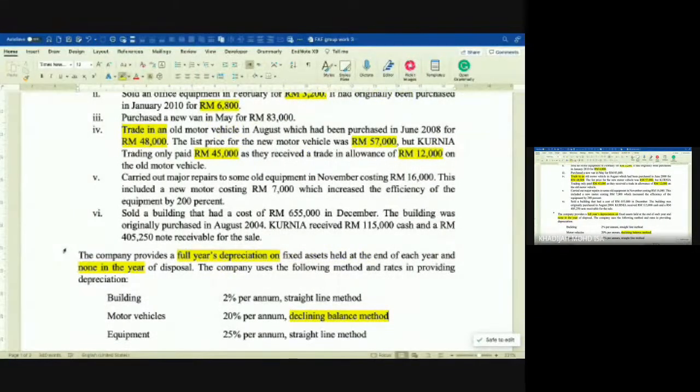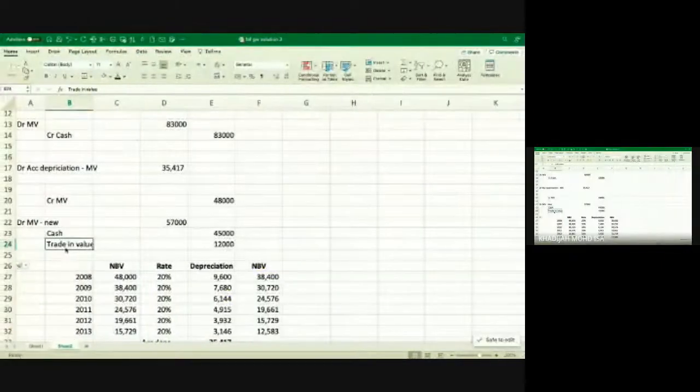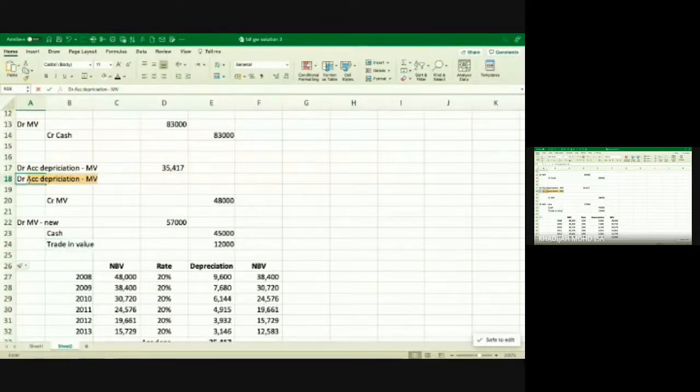Trade-in allowance 12,000. Okay, I would put it like this. I would put trade-in debit 12,000 here. I put trade-in value here. Right, then only I know whether there's a gain or loss on the disposal.